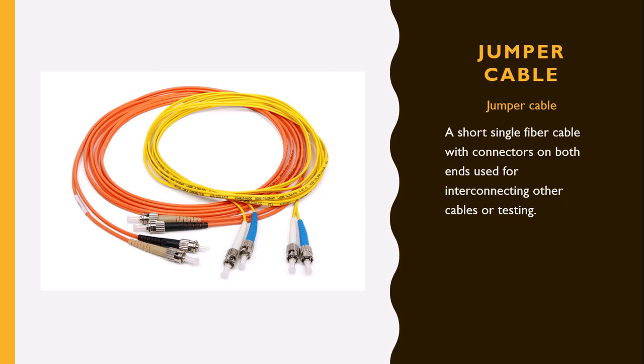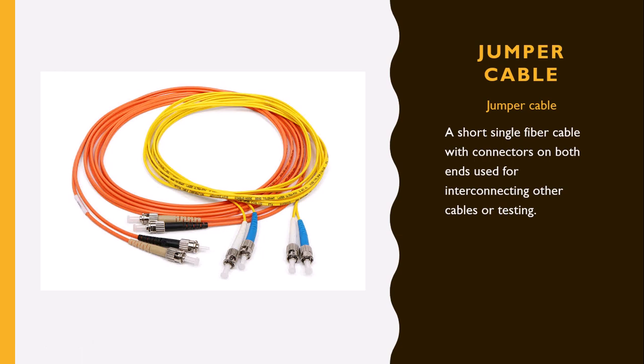Generally speaking, there are two types of fiber optic jumper: single mode and multi-mode. Single mode fiber jumper cables usually have a yellow colored jacket, and multi-mode fiber jumper cables have an orange jacket.